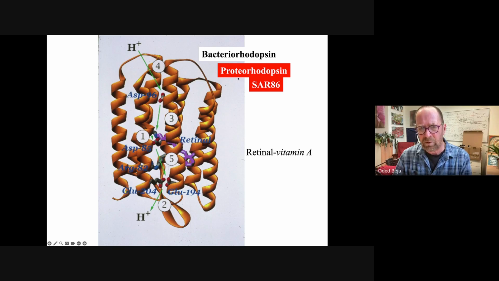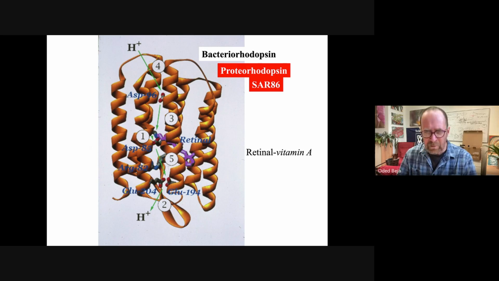So not archaea, but bacteria from the marine environment, and those SAR86 are actually more or less 50% of microbes in the photic zone, and they had those rhodopsins. I guess Massimo will talk after me more about how those rhodopsins are pumping protons.